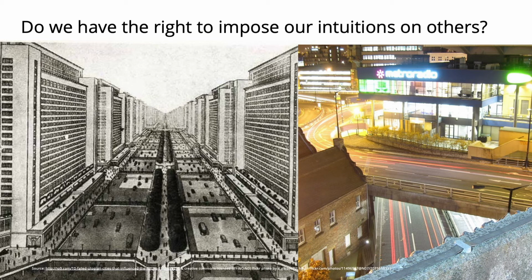The two examples below are examples of where designers, architects in this case, came up with a vision of how the world should be. They preferenced their own views about how the world should be, or the views of other people, above perhaps the people who actually have to live in the accommodation that they were proposing. So on the left is an example from a Swiss architect called Le Corbusier, and this is his plan for how Paris should look.